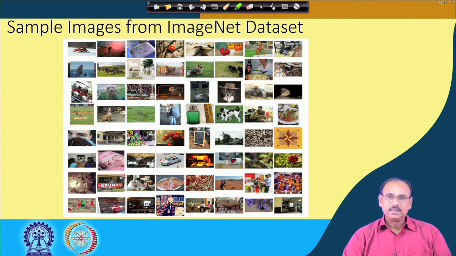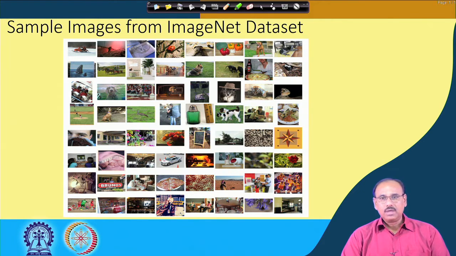We said earlier that this ImageNet database contains 1000 such categories of images, and in every category there are thousands of images. In total, the number of images this ImageNet database contains is around 15 million.